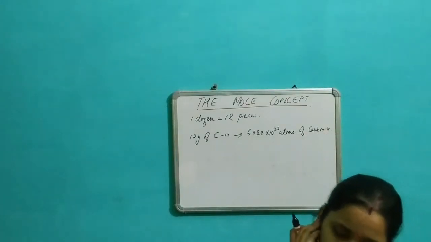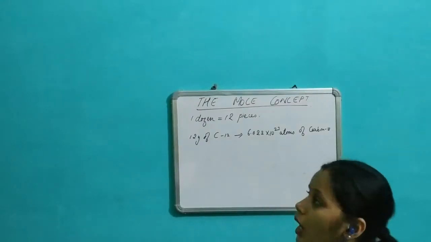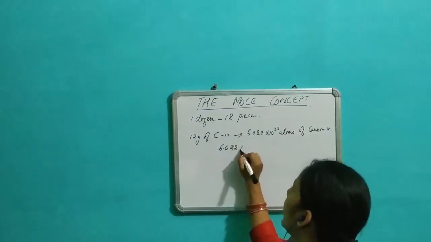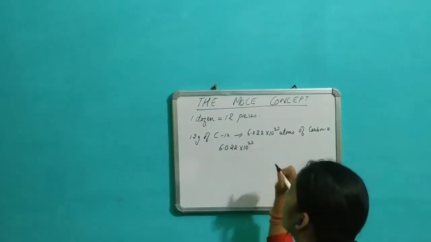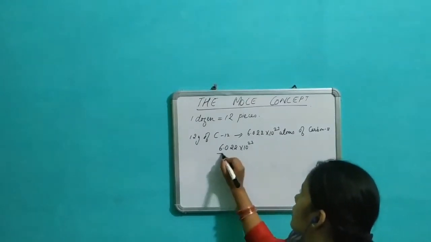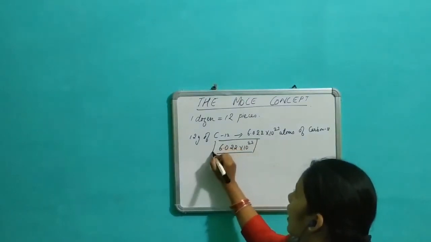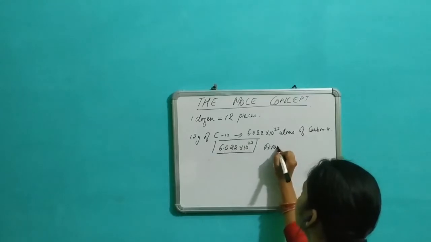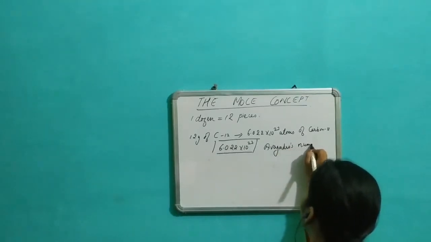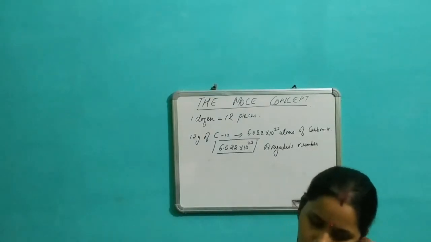Alright, that means a mole represents 6.022 × 10^23 atoms. Okay, and this is known as Avogadro's number or Avogadro's constant.